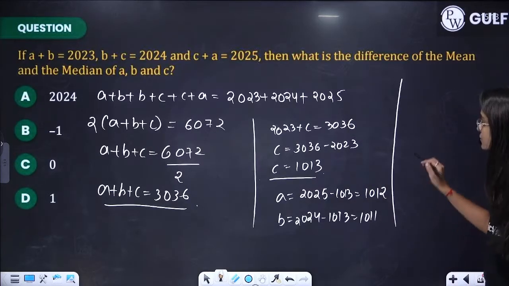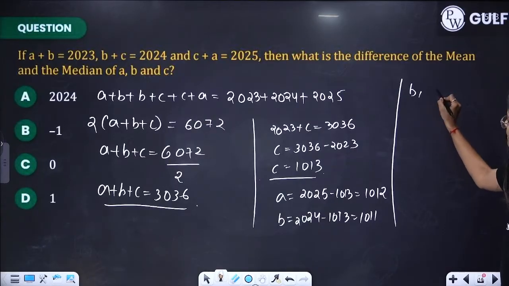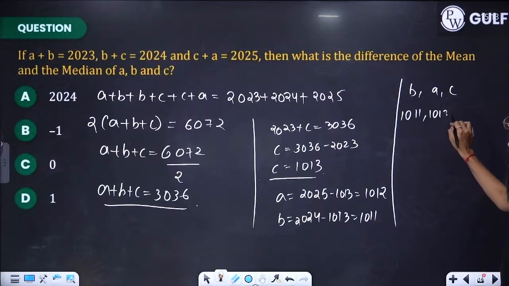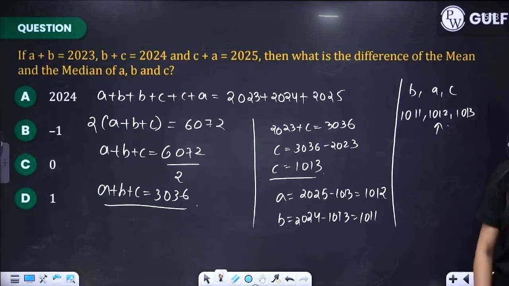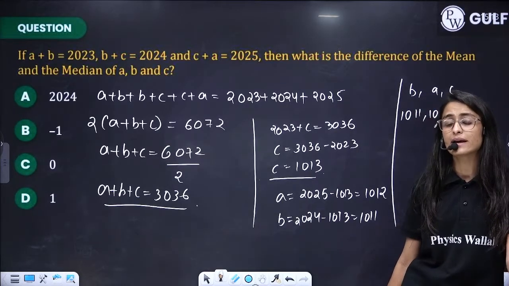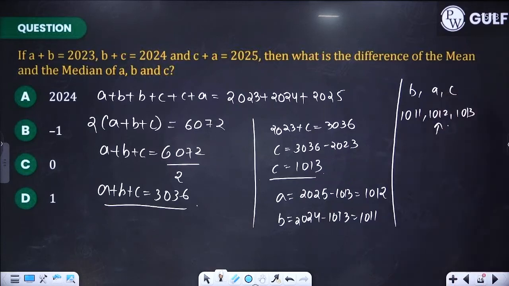That means your terms would be in such a way, B, A and C. If I rewrite this, 1011, 1012, 1013. Here what can I see, that 1012 will be my median. The middlemost term is our median, and when I add them and divide it by 3, 1012 will be my answer. So x bar is equal to 1012, median is equal to 1012.